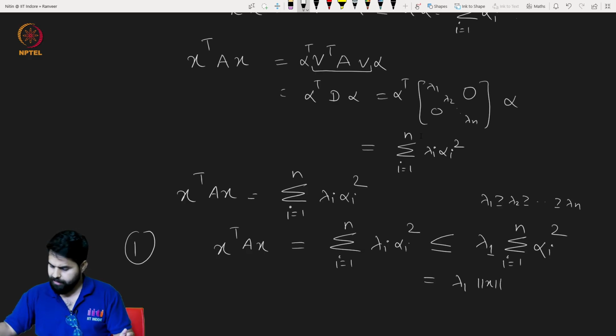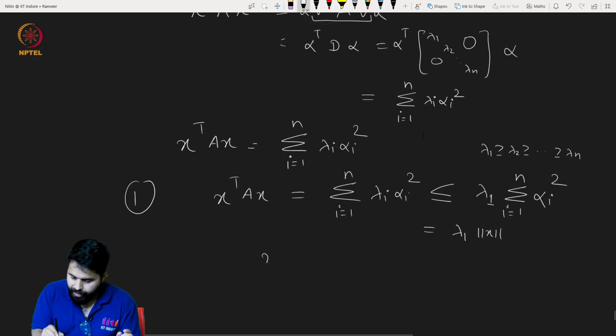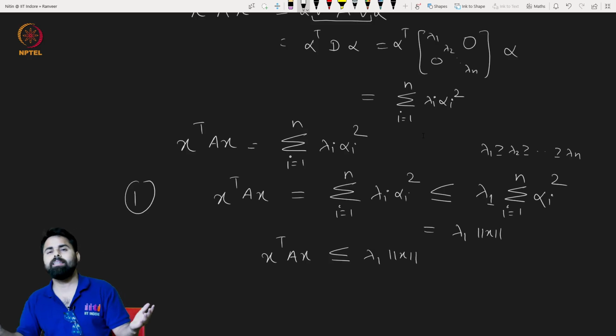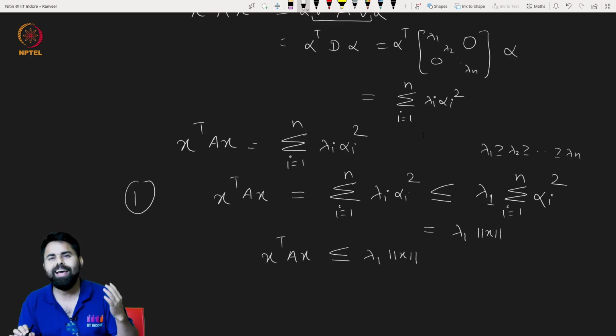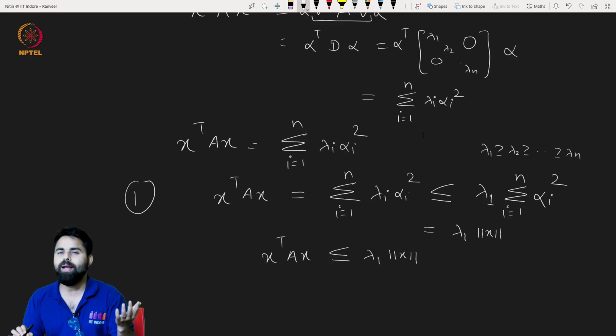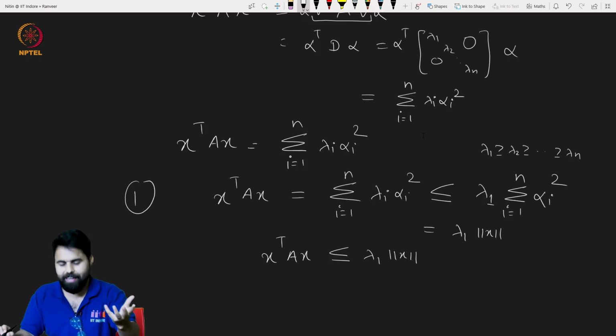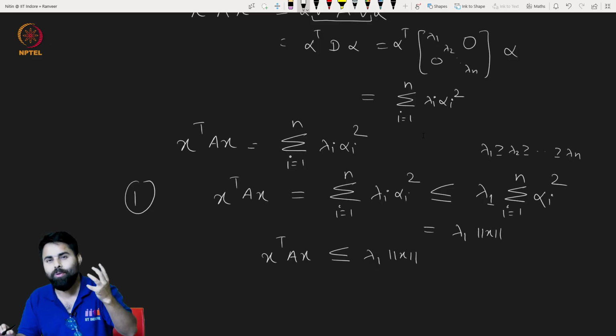Am I done? This only tells us that x transpose Ax can take at most this value, at most lambda 1 times this. For any x, x transpose Ax is always less than or equal to this. Can the equality hold? If equality holds, then I can write lambda 1 as x transpose Ax divided by x transpose x. But is the equality holding?